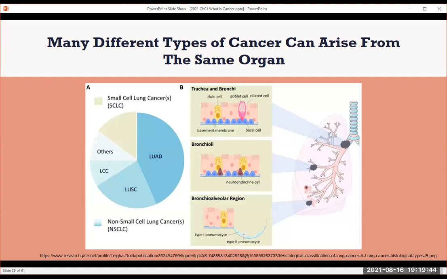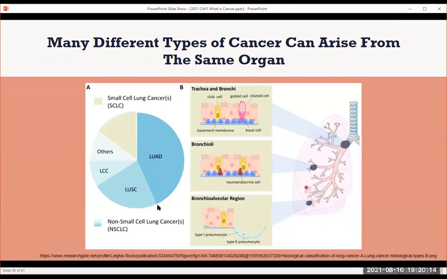We talked about how cancer can arise from any kind of cell type or tissue type, but also keep in mind that even if we're talking about one tissue or one organ, there could be different kinds of cancers that arise from there. So that adds to the complexity. In this example, we're looking at lung cancer. You can see in the pie chart that within the category of lung cancer there are lots of different types.